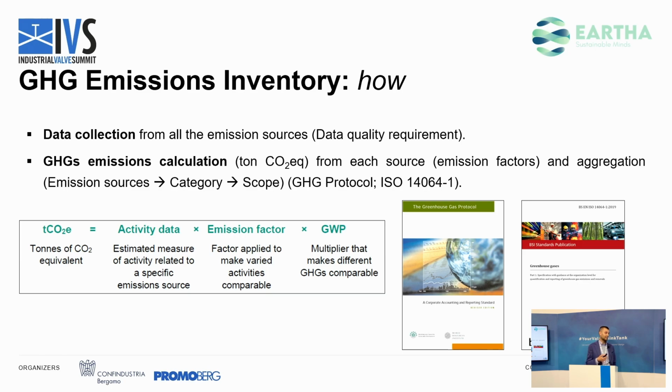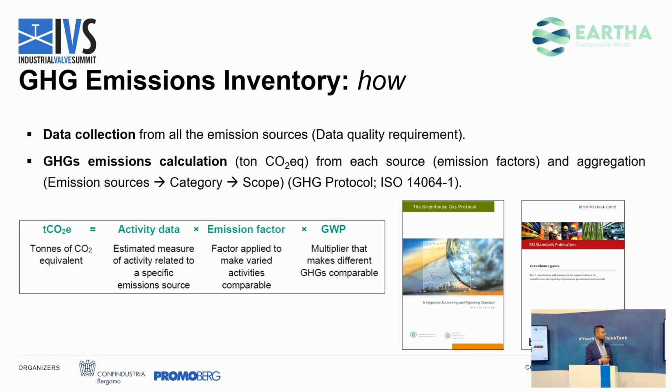This can be done in different ways. Generally speaking, in the field of modeling, we apply, as we can see in this slide, conversion factors that are called emission factors.